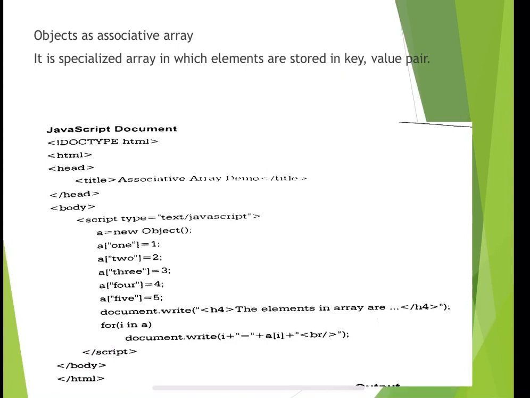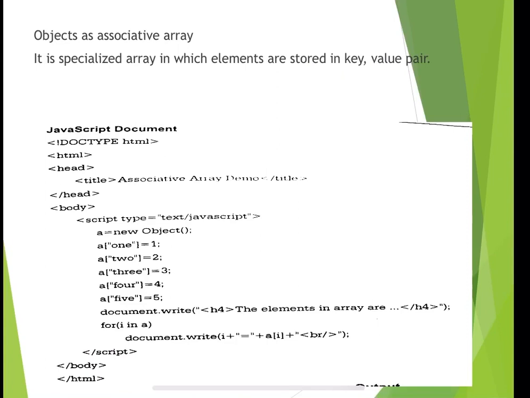So a of "1" is equal to 1, a of "2" is equal to 2, a of "3" is equal to 3, a of "4" is equal to 4 and a of "5" is equal to 5. So the index values are basically the keys and the values are 1, 2, 3, 4, 5. Actual values are the values.